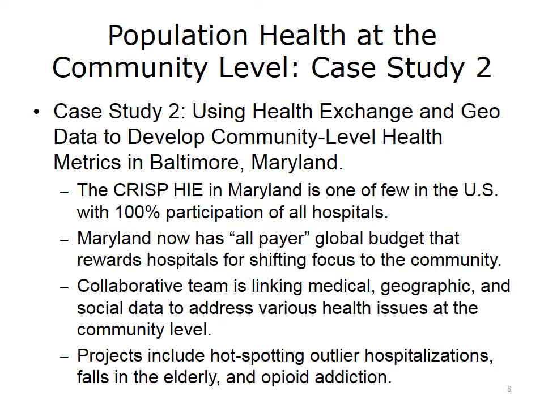So there is an array of collaborations the goal of which is to improve the health of populations in the state and in the region by linking medical and non-medical data and trying to emphasize to a feasible extent the social and population health factors in addition to the more common medical factors.